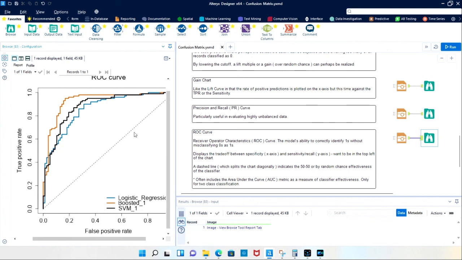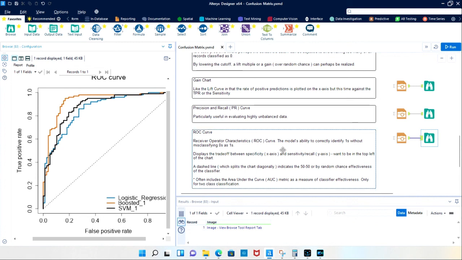This indicates the 50-50 or by random chance effectiveness of the classifier. So we are clearly doing much better than 50-50. And again, we want to be in the top left of the chart. Also, it includes the AUC, the area under the curve, which is a measure of the classifier's effectiveness. This is only for two-class classifications though.